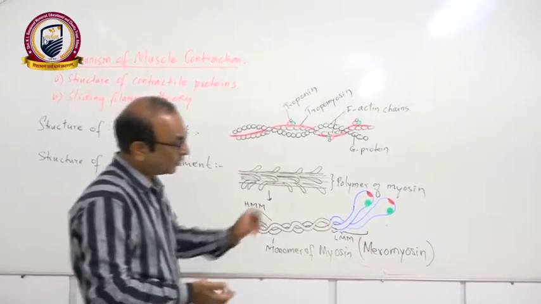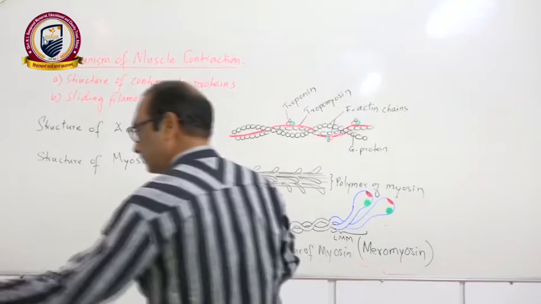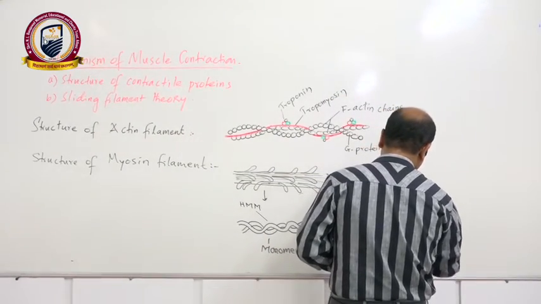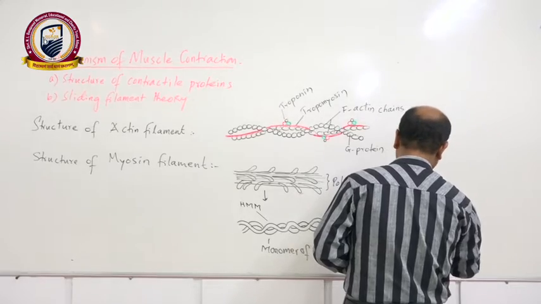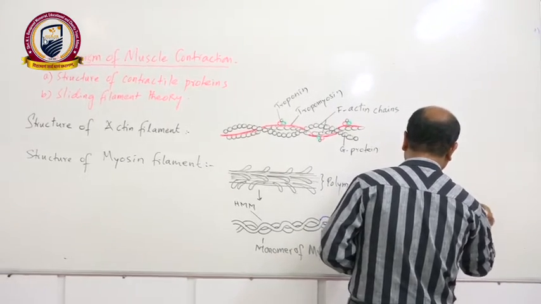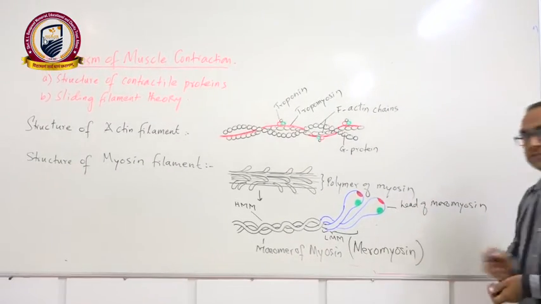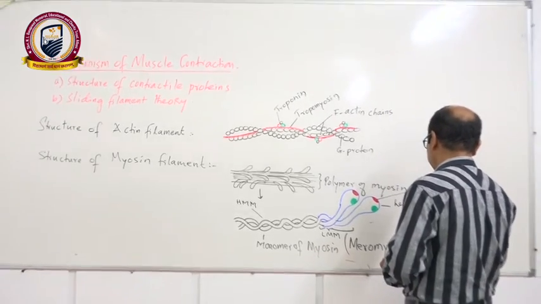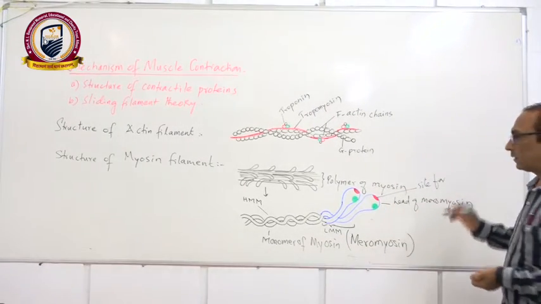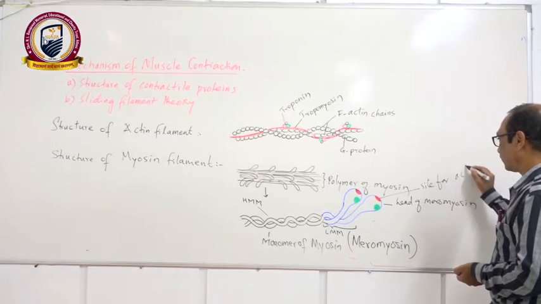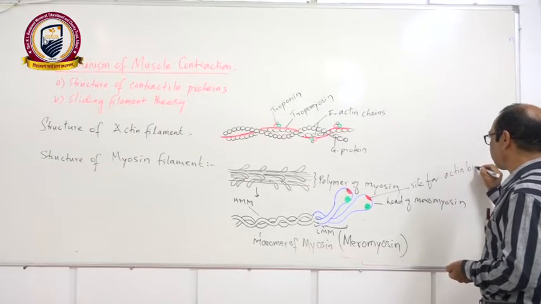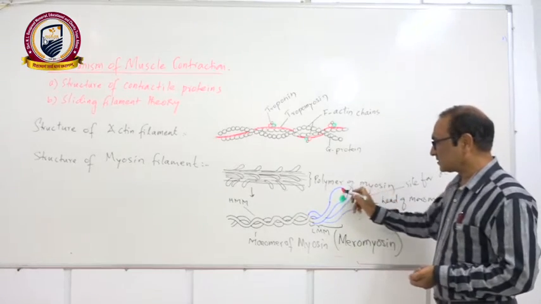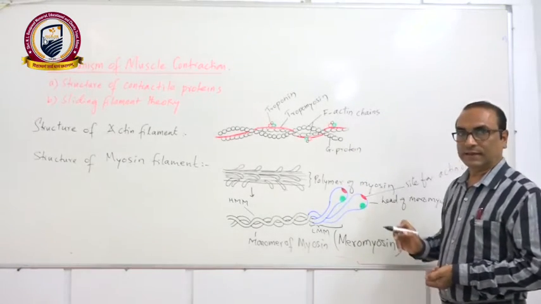If you look at the head of the meromyosin molecule, it has two spots. One is the site for actin binding, so with this side it will bind with the actin.